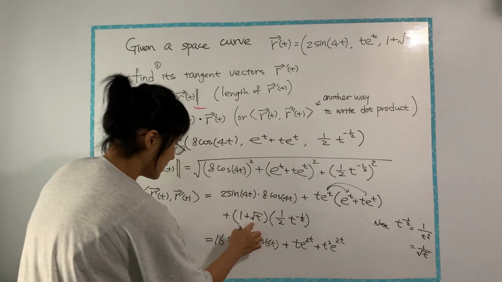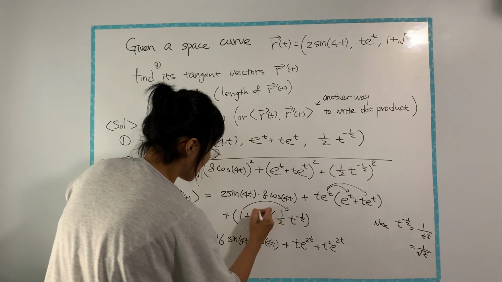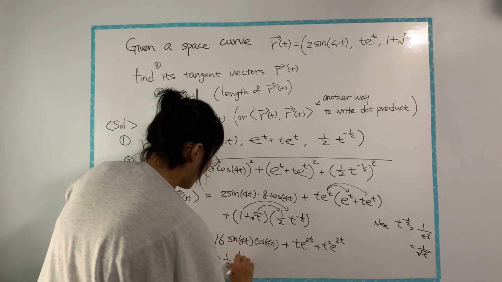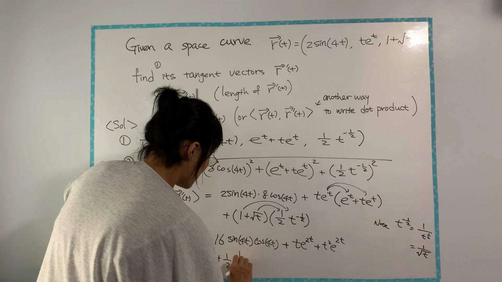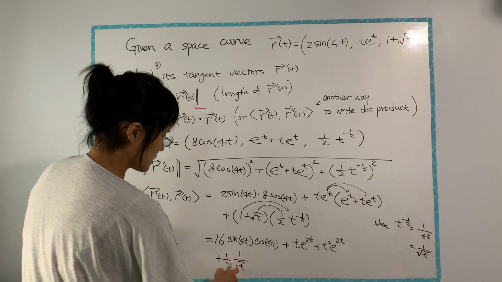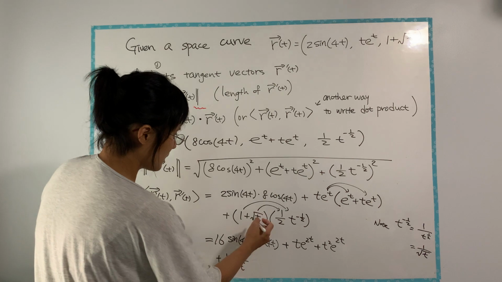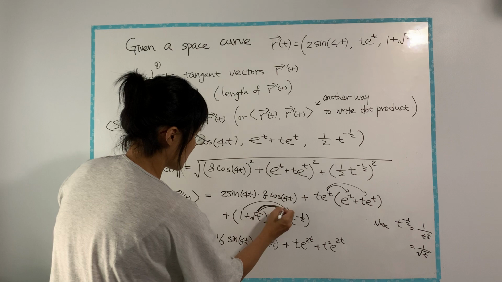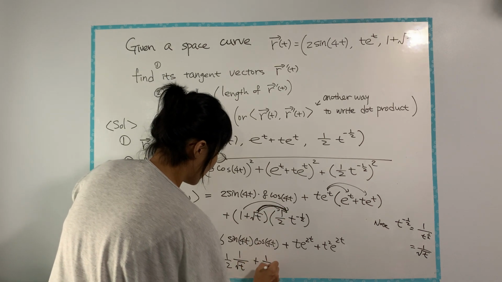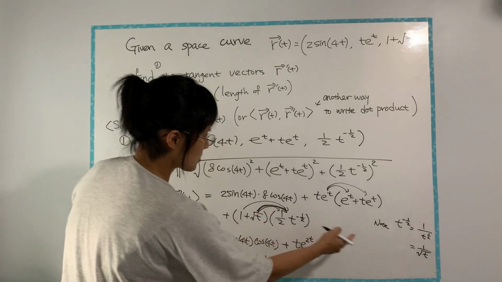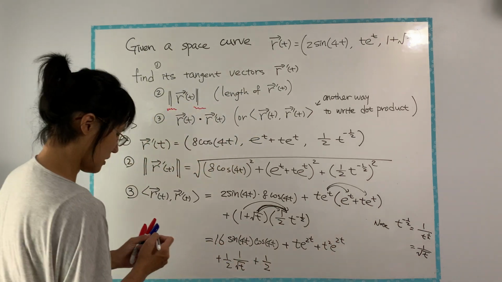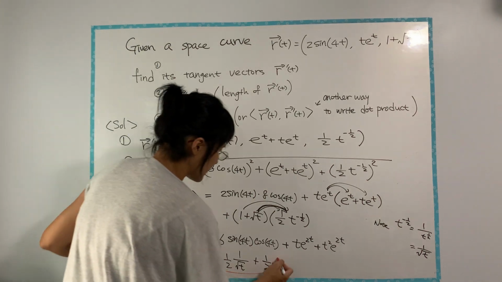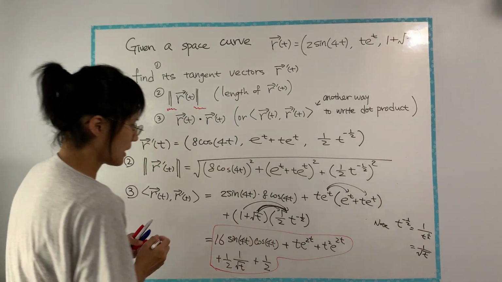And then over here, I'm going to distribute, so that's plus 1/2 times 1 over root t, which is t to the minus a half. Then I multiply this part: I get 1/2, and root t times 1 over root t cancel out. So this is 1/2. Our final result for number 3 is this.